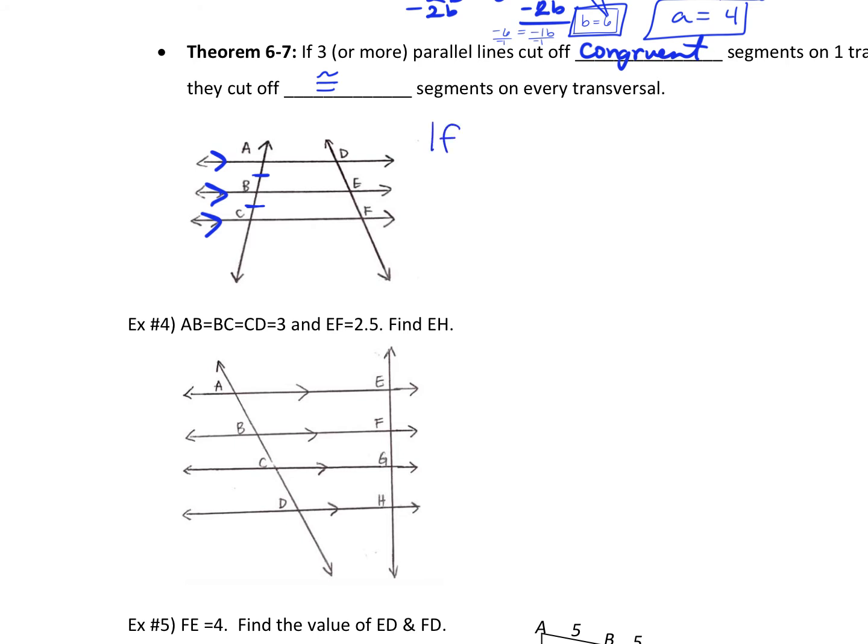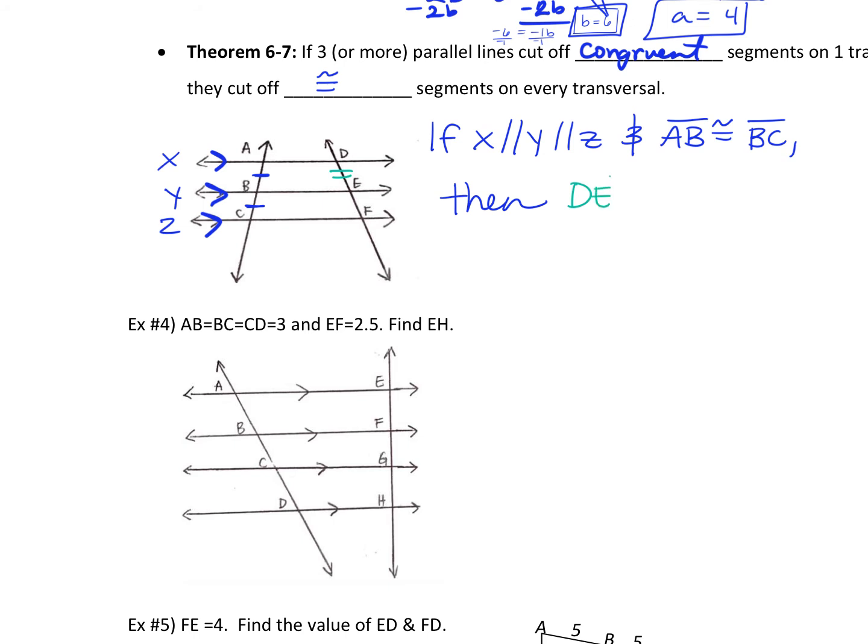So basically, I'm going to call these lines X, Y, and Z. If X is parallel to Y, which is parallel to Z, and AB is congruent to BC, then we can say DE will be congruent to what? EF.